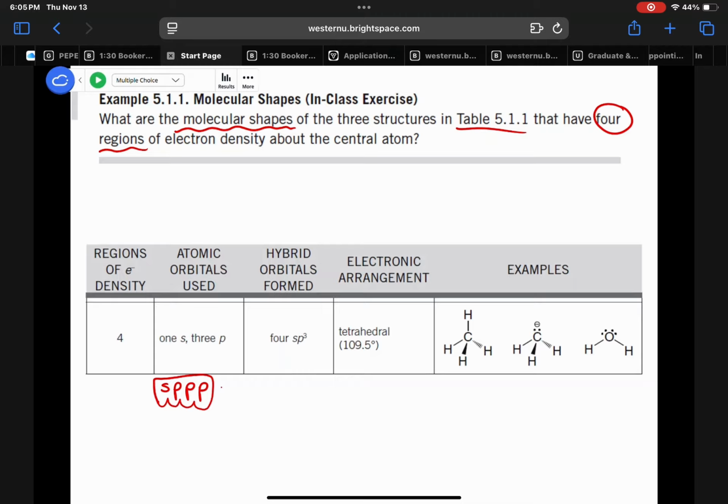That turns into 4 sp3 hybridized orbitals. That means we pick up our tetrahedral VSEPR shape. We can see the bond angles are 109.5 degrees if they're all bonding. So an example of a molecule, the first one here, would be methane.